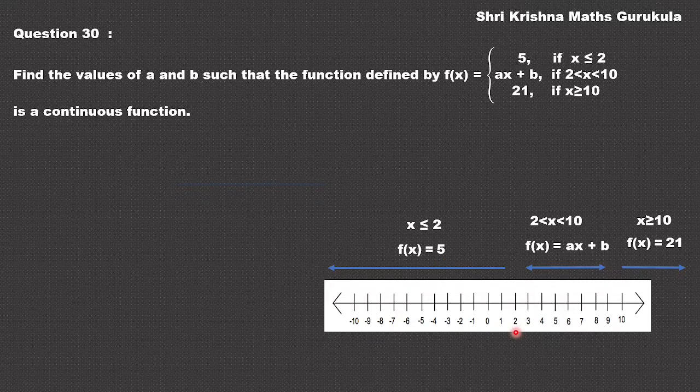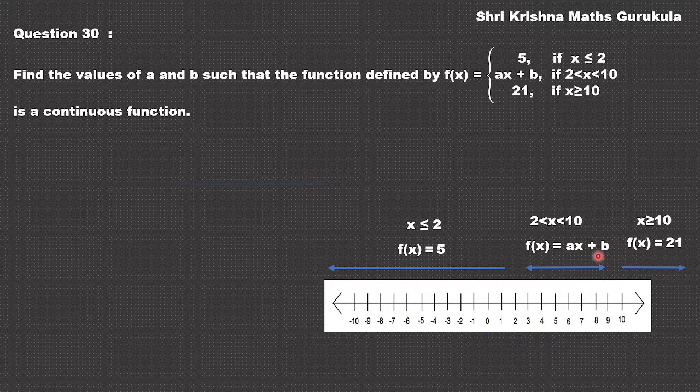Now, for RHL as x tends to 2, what are we going to consider? For RHL, again, it is very close to 2, but a little more than 2. So, it is here, very close to 2. So, which is the function? When x is greater than 2, it is f of x is equal to ax plus b. That is what we are going to consider for RHL.